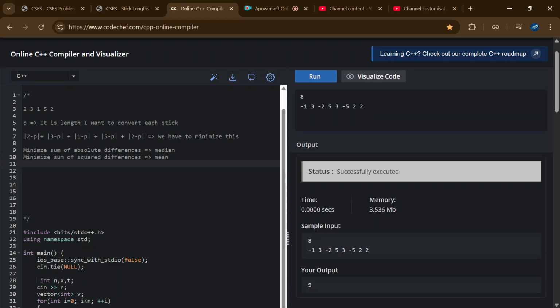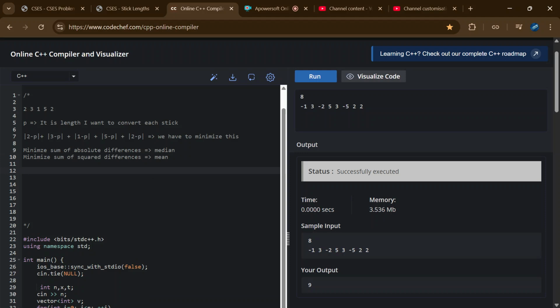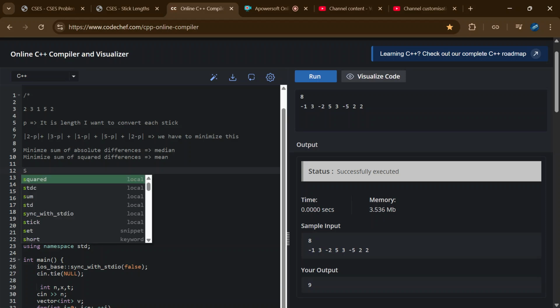So how am I saying this? Let's have a proof of this. How can we prove it? This is the sum of a of i minus p.